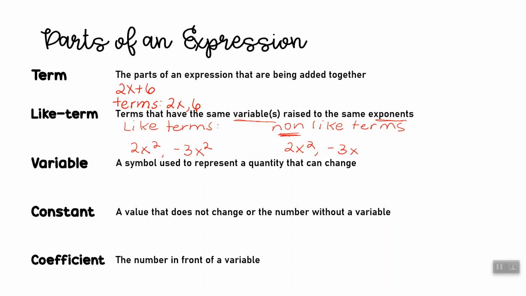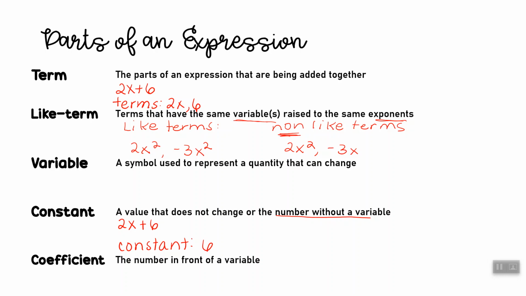Okay, a constant is the value that does not change, or you could think about it as the number without a variable. So in that same example I had up there for term, in 2x plus 6, the constant is 6. 6 is not going to change. It's being added to 2x, and x might change, but that 6 will never change.